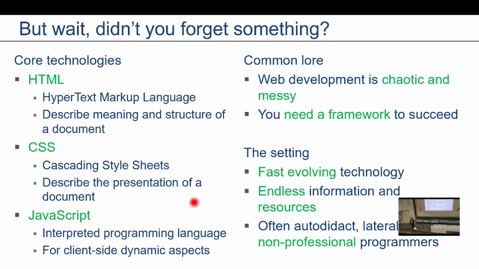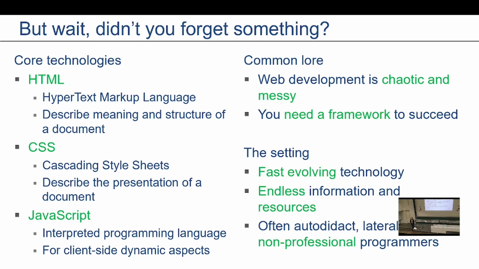So a lot of people think web development is chaotic and messy, and so you need a framework. And I think this is promoted by the fact, first of all, that the technologies are really evolving very quickly. Things are changing quickly. When you are not in the scene for one or two years, everything seems to be different. Then there is endless information and resources. There is a whole army of influencers and bloggers whose only job is to promote and advertise the next big framework.